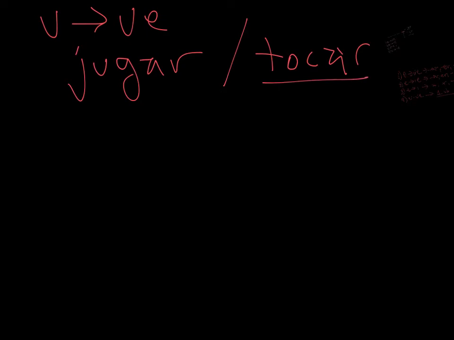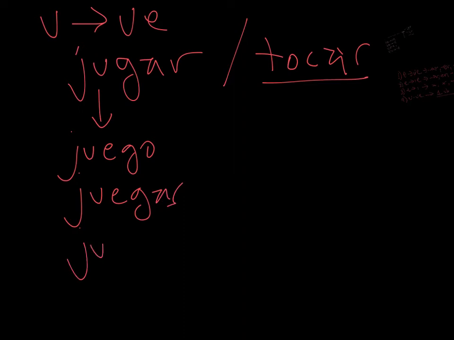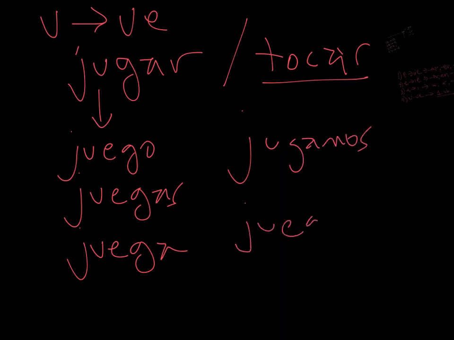So jugar, what do you do when you conjugate? Yo juego, tú juegas, él juega, nosotros jugamos, and ustedes, ellos, and ellas juegan.